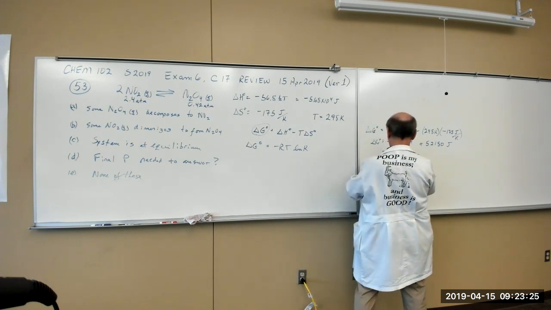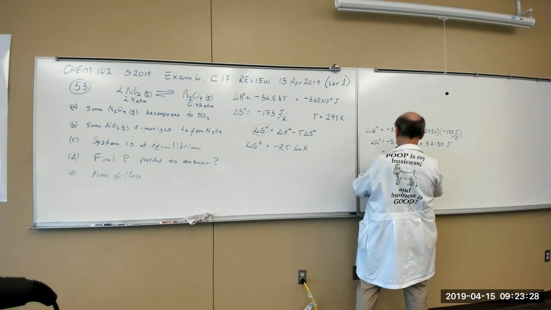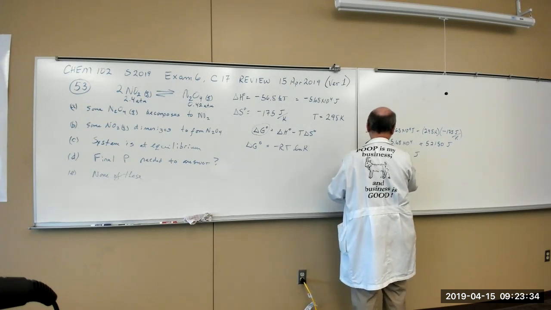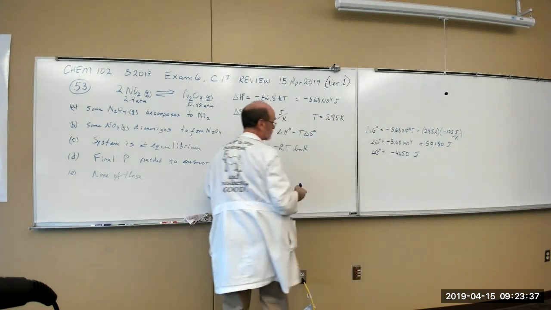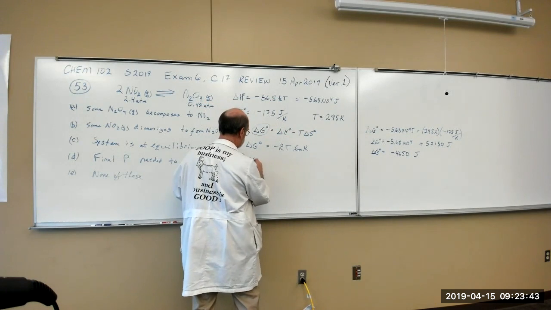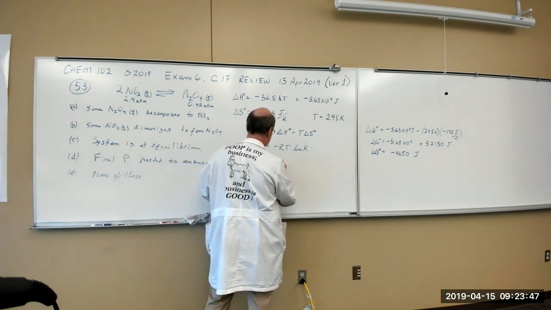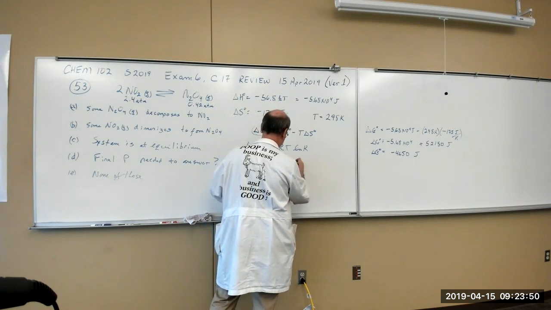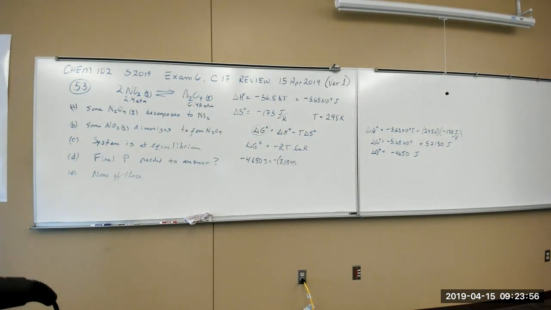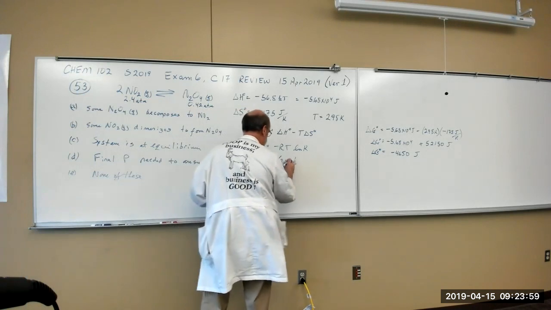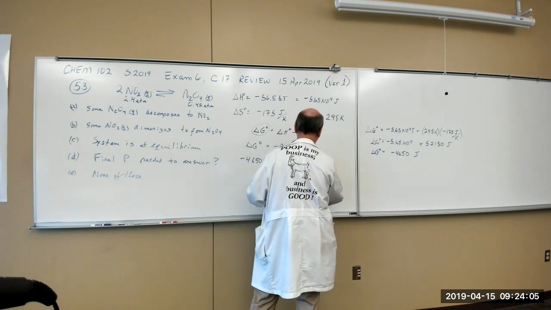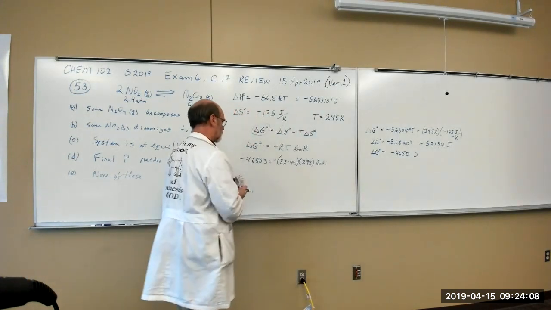So I get minus 4650 joules, delta G0. Then if we equate that, minus, and R is 8.3145, and then temperature is 298, and then log K. There you go.